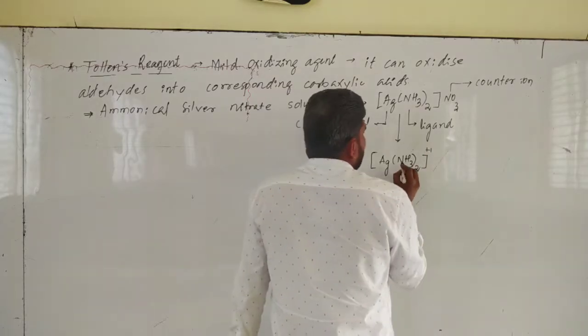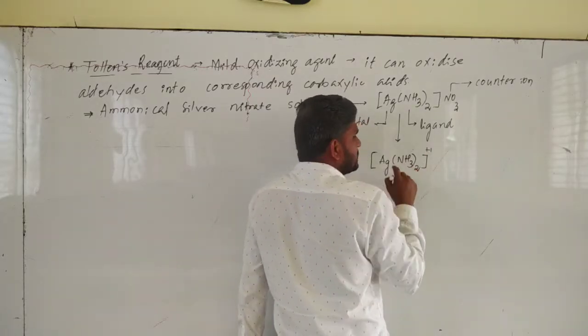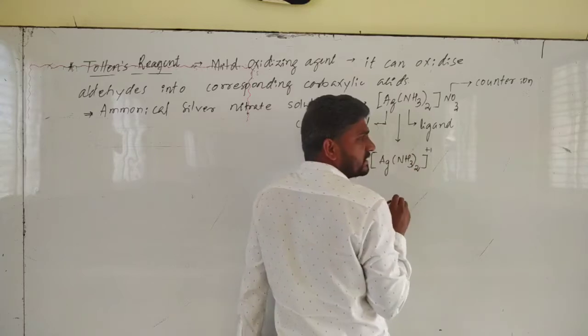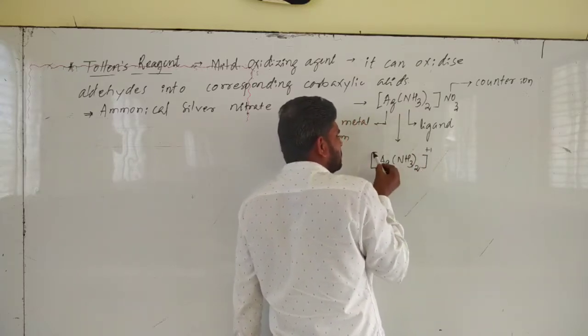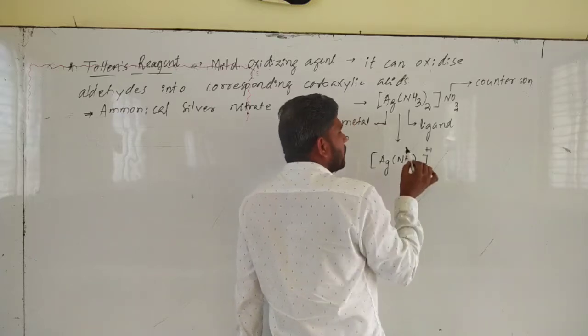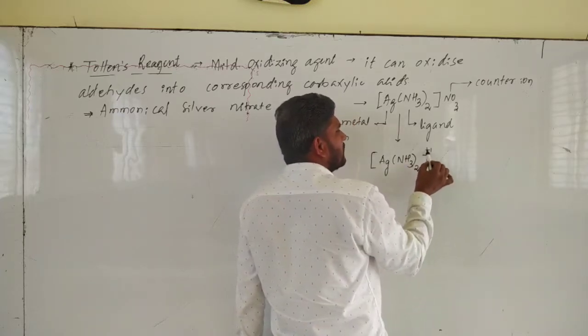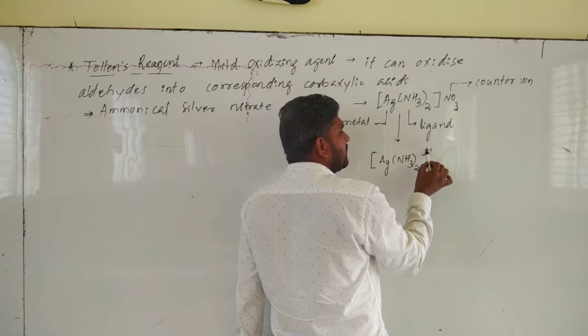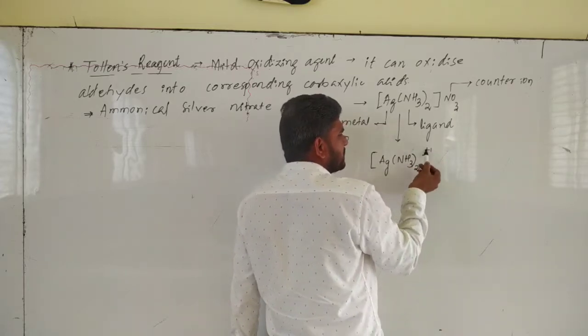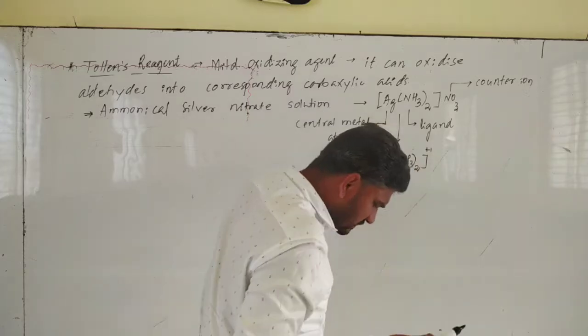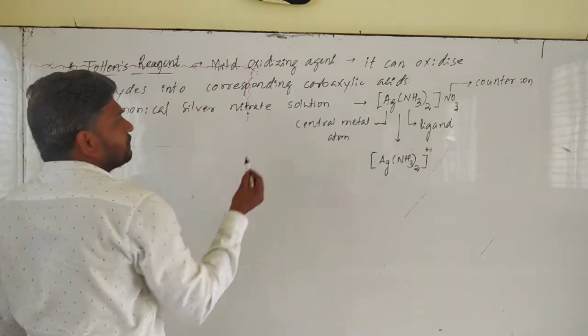But ammonia, NH3, is a neutral ligand. It has a zero charge. The total charge present on this coordination sphere, that is +1, is the charge on the central metal atom, because 0 plus 1 is +1. That is the charge present on the silver.